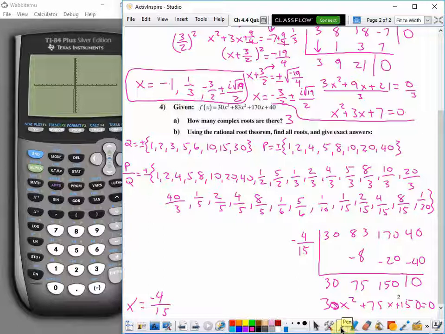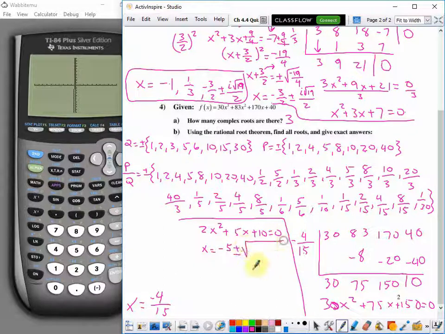I believe 15 goes into all those, so we'll divide all of these by 15 and get 2x squared plus 5x plus 10 equals 0. Let's solve this using quadratic formula. x equals opposite of b plus or minus square root of b squared minus 4 times a times c all over 2 times a.